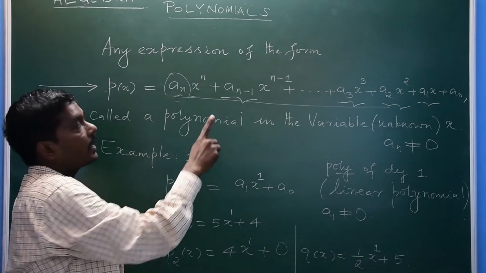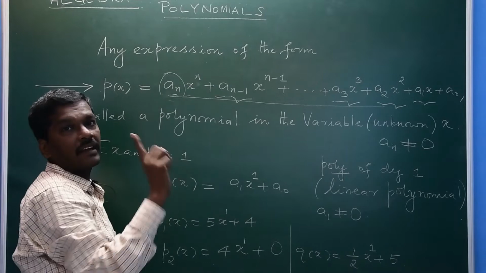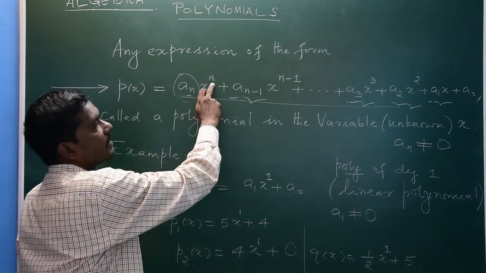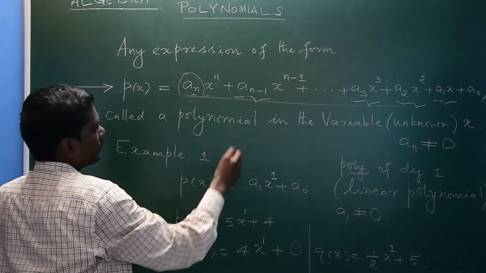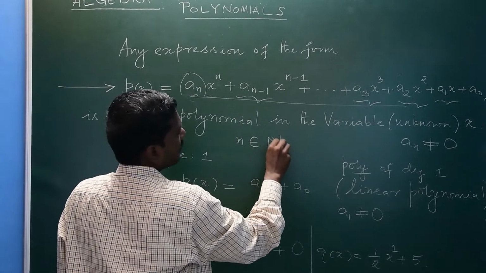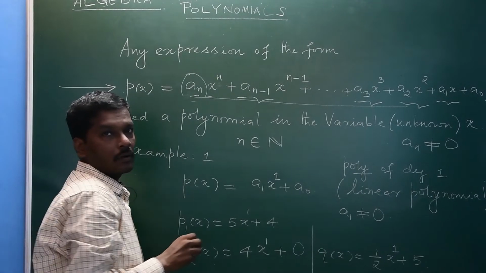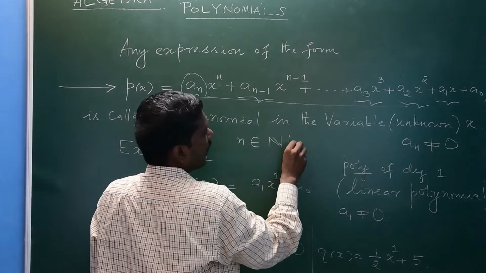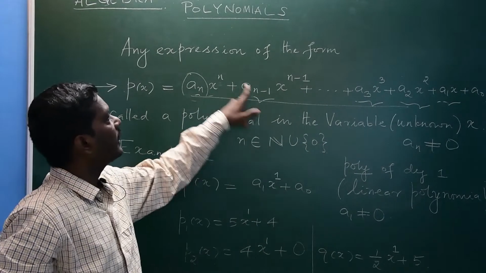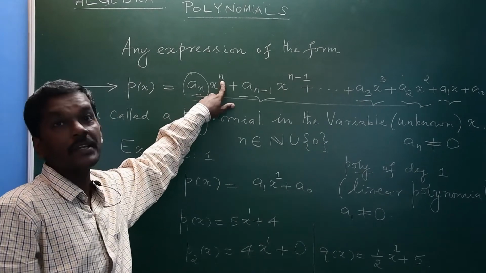And remember that the degree of the polynomial can never be negative or a fraction. It should not be a negative or fraction. For that matter, you can say that n belongs to natural numbers. It can be either 1, 2, 3 or it can be 0. So it is a non-negative integer.